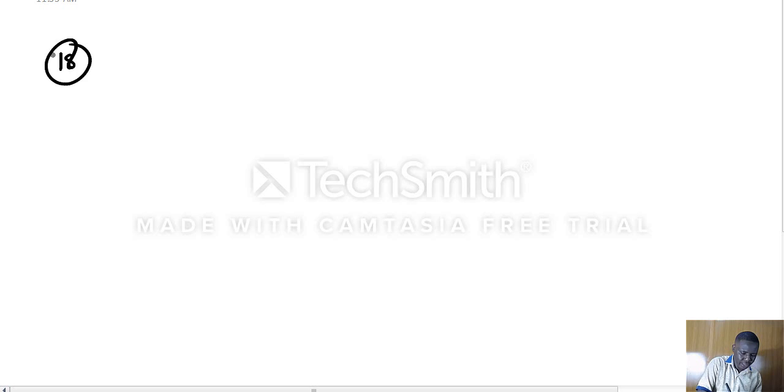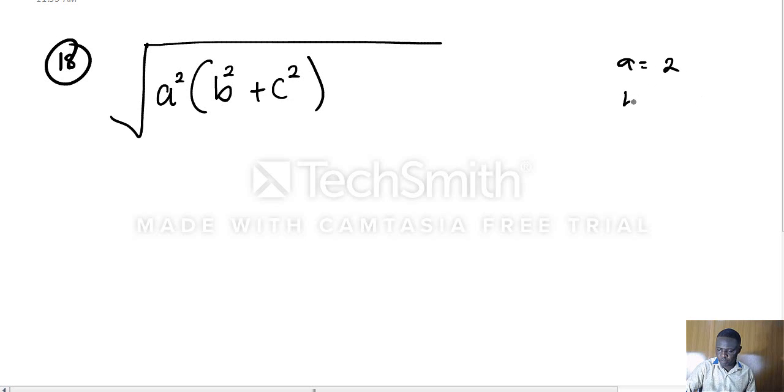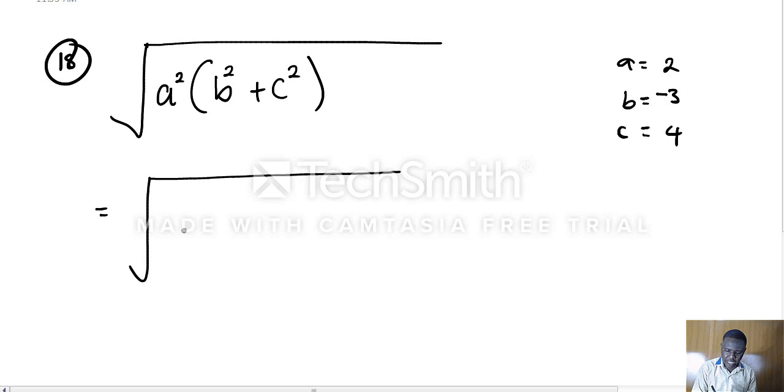That's 17. 18 says square root of a squared into b squared plus c squared, where a is 2, b is minus 3, and c is 4. We are going to substitute and then simplify following BODMAS. This is equal to square root of a squared, which is 2 squared, into bracket b squared, which is minus 3 squared, plus c squared, which is 4 squared.